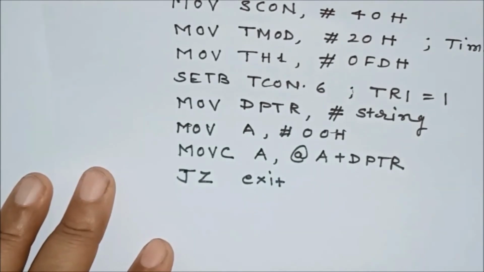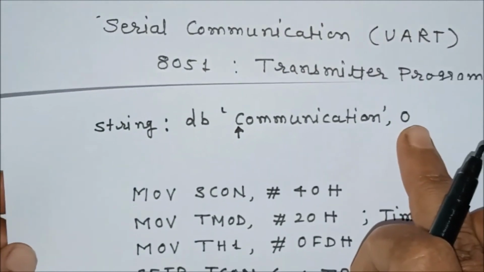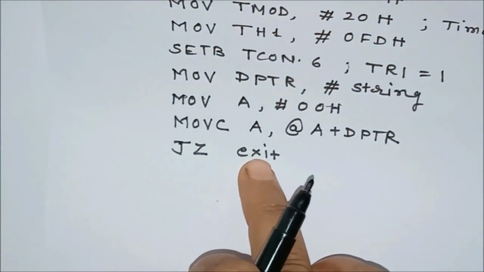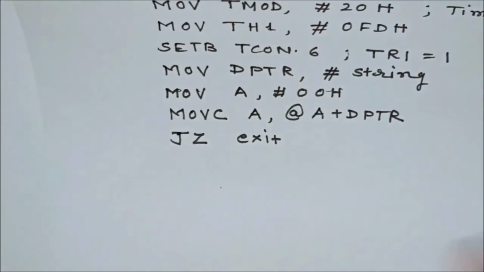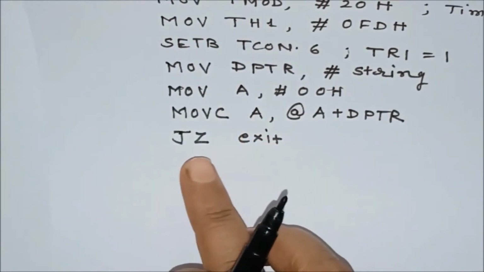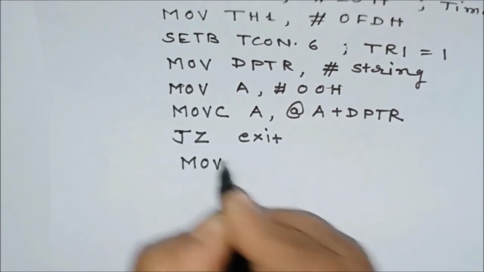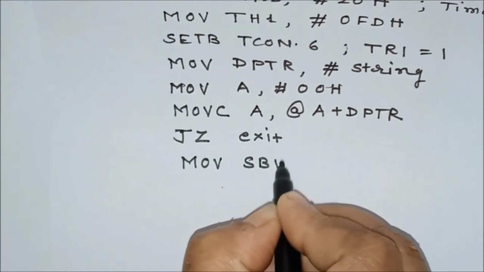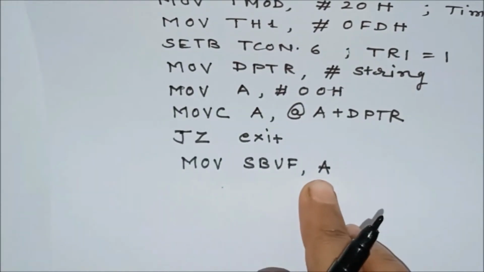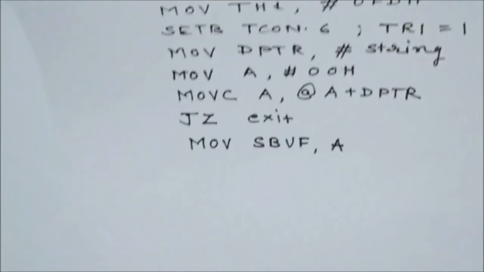The JZ instruction checks the contents of the accumulator. If the contents are 0, it indicates end of string, and we'll go to the exit label. If it is not the end of string, then we want to transmit the contents of the accumulator serially, so we'll store them in the serial buffer register. As soon as we store the contents of the accumulator in the serial buffer register, they will be transmitted serially.